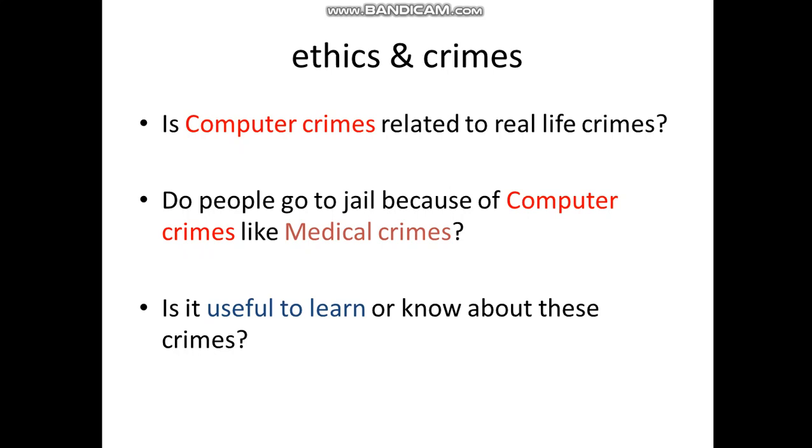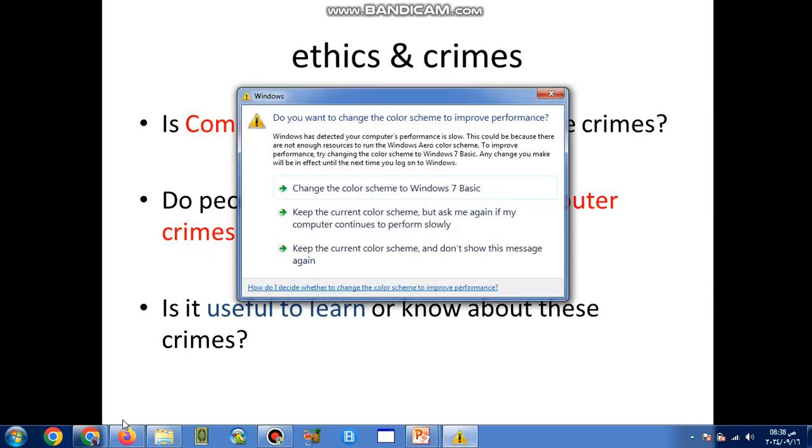So the second question: do people go to jail because of computer crimes, like medical crimes? What are medical crimes? I know that many of you in grade 6, not all of you, but most of you, don't get the full picture of medical crimes.